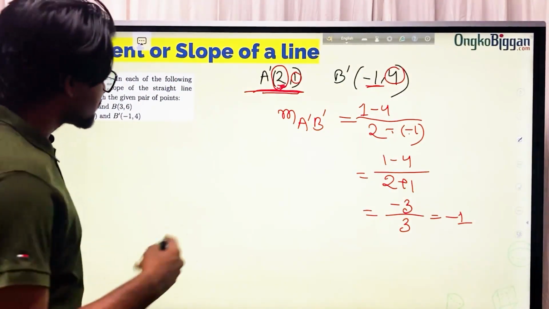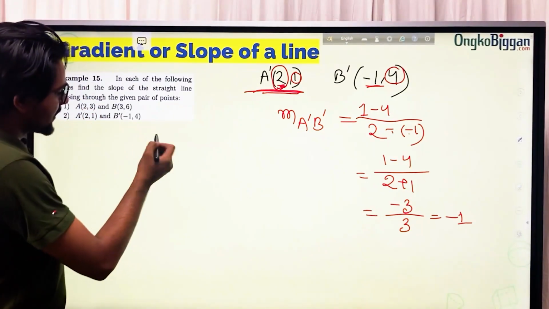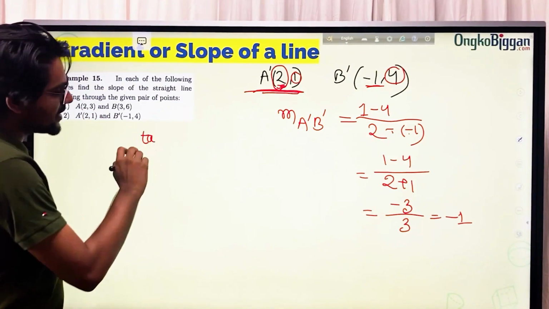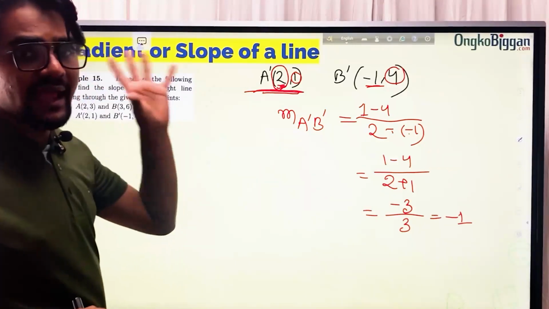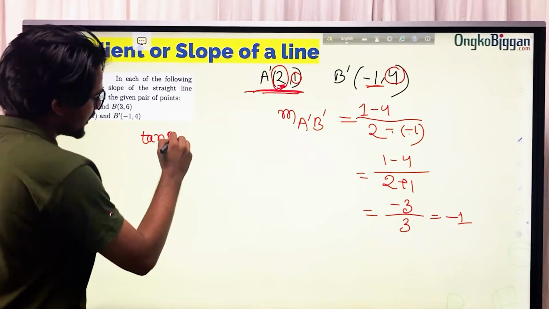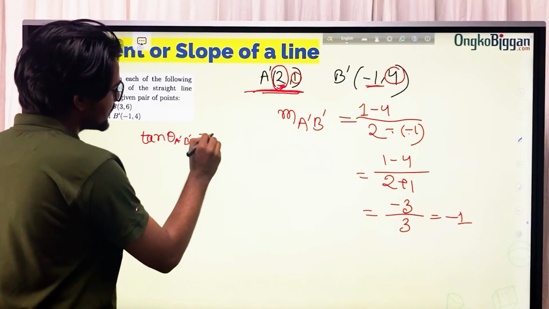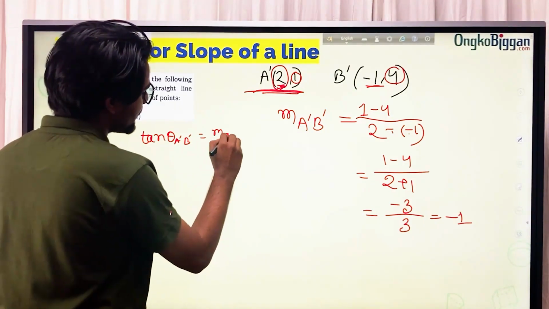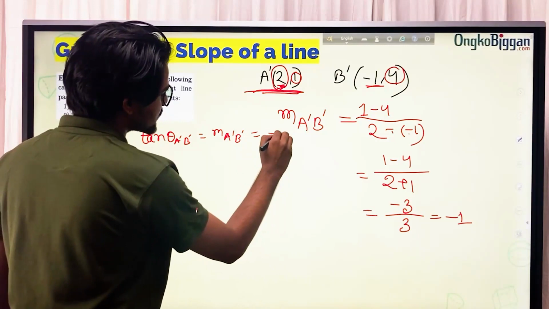So what does it mean? To find the meaning of that, we are going to find the angle it creates with the x-axis. So tan theta of A prime B prime is equal to the slope of A prime B prime, that is equal to minus 1.